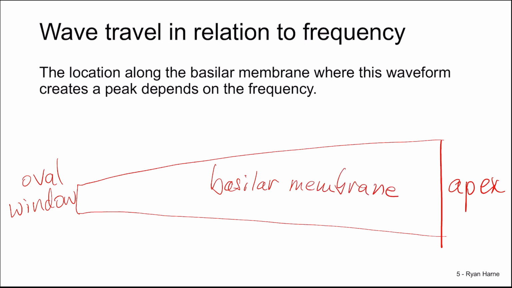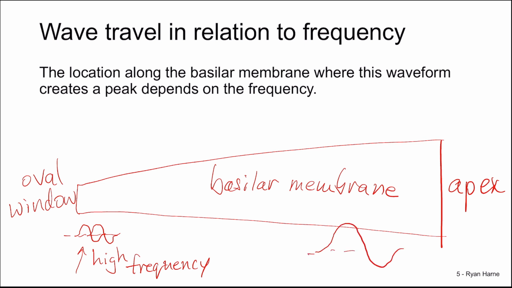This means the waves that can fit, in a sense, across the basilar membrane towards the oval window are of smaller wavelength, so they have higher frequency. On the other hand, the waves that can fit across the basilar membrane towards the apex of the basilar membrane are of much longer wavelength. So these waves have a lower frequency.